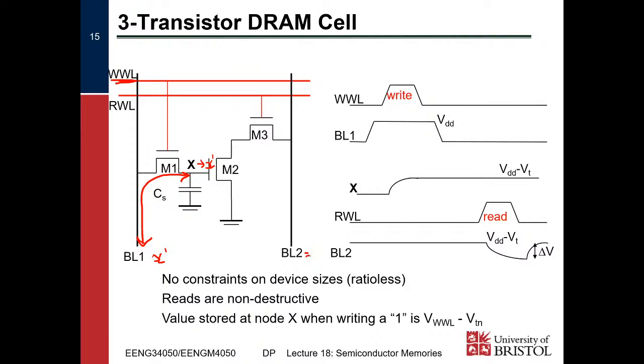When we want to read, we pre-charge bit line 2, and then we enable M3, and then charge on bit line 2 will flow through here. If X is 0, M2 is off, and so it stays at a 1. We see a very slight voltage drop, but it's minimal. If X is 1, then it flows all the way down to ground, discharging bit line 2.